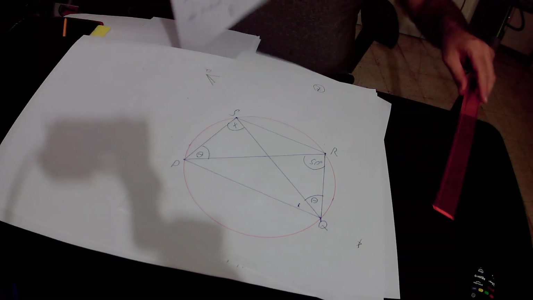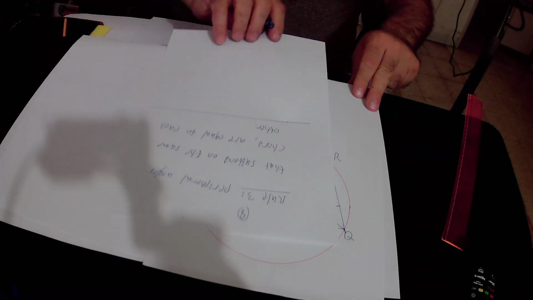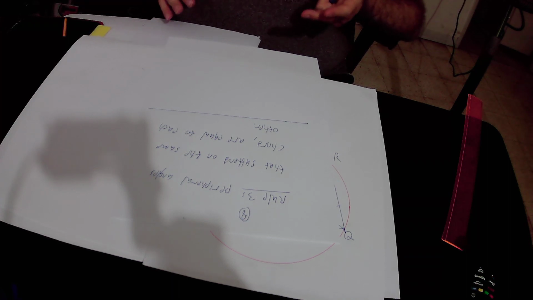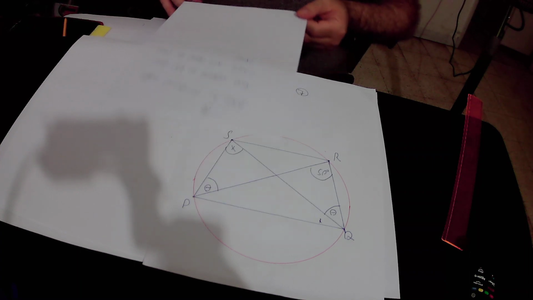So I read rule number 3 again. Rule number 3 states that peripheral angles that subtend on the same chord are equal to each other. Again, we can implement rule number 3 in our drawing.